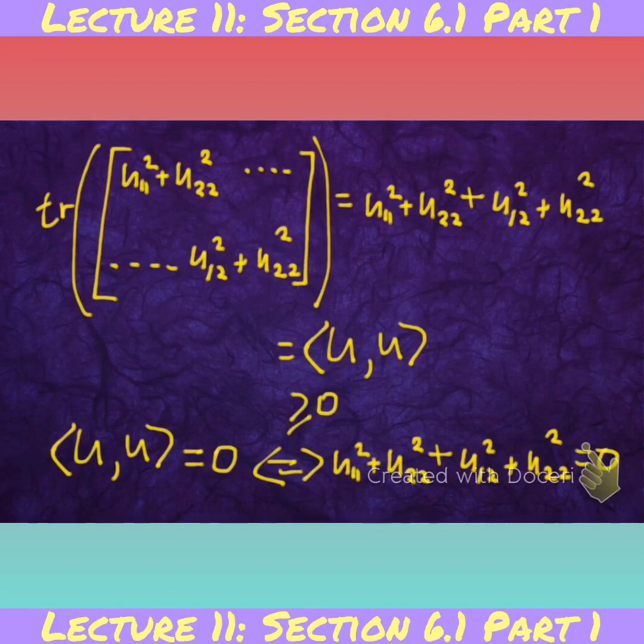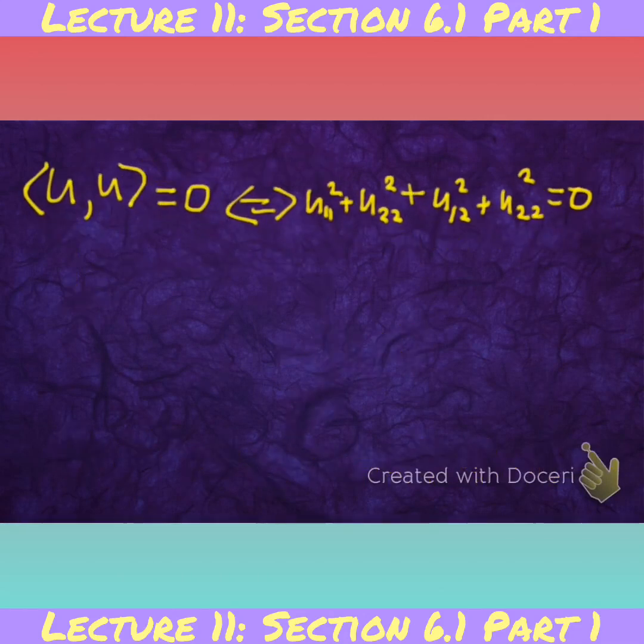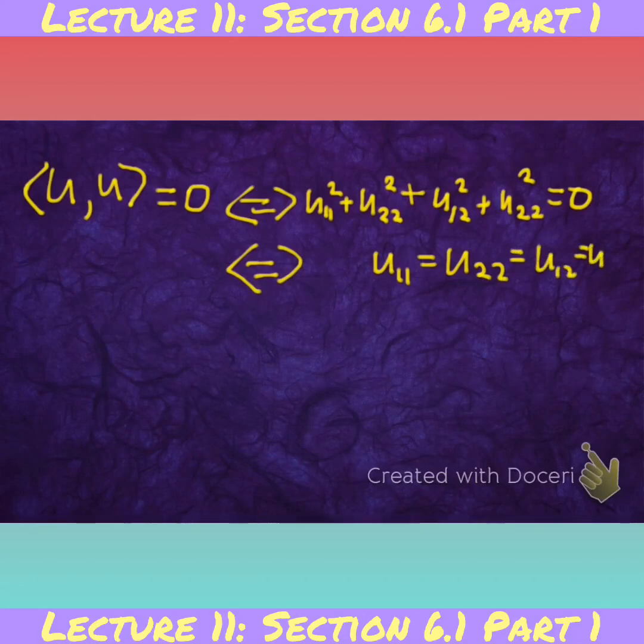And basically the only way that the sum of positive real numbers is equal to 0 is if each one of those real numbers is equal to 0. So that means U11, U12, U21, and U22, they must all be equal to 0, which can only happen if U is in fact the 0 vector. Alright, so we've proved that the fourth axiom holds.